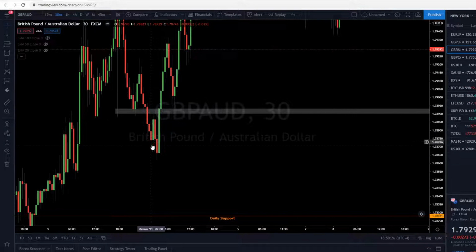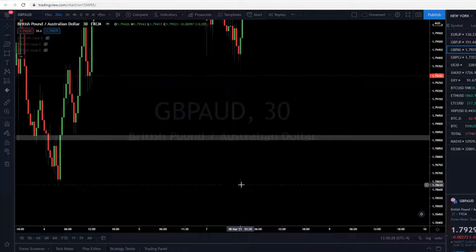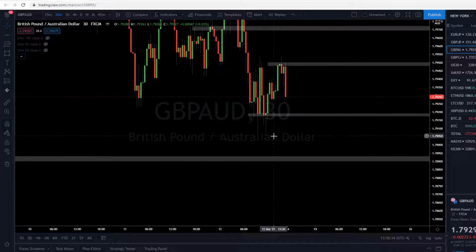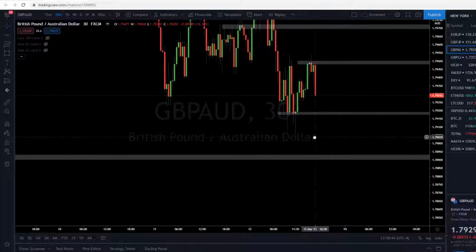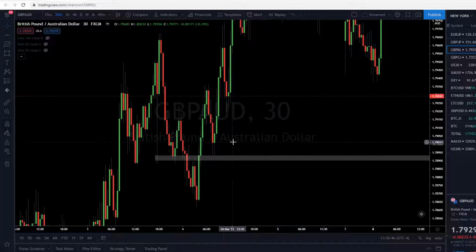This was basically the wicks on the 4-hour. So as long as we close below 179.07, okay, so this level, 179 flat, that is basically the 30-minute support.